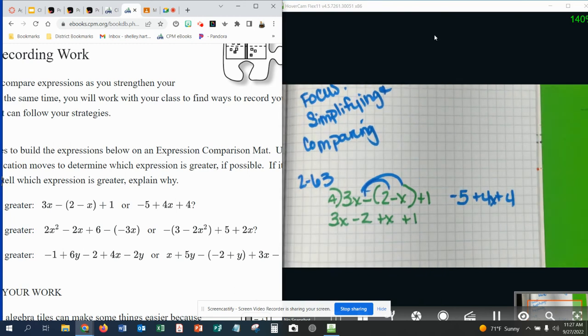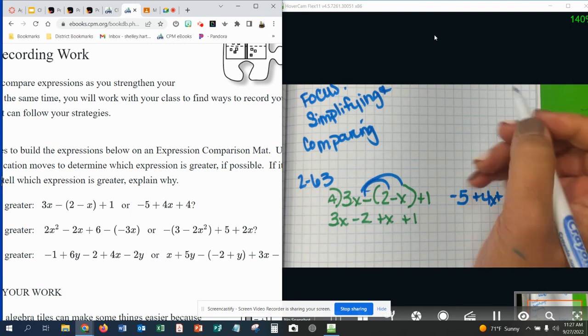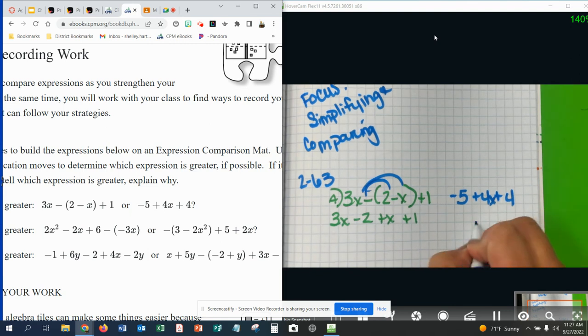So now what are we going to do? Randy, what are we going to do now? How are we going to make it smaller? Should we, number 1, add like terms? Yes, we should.